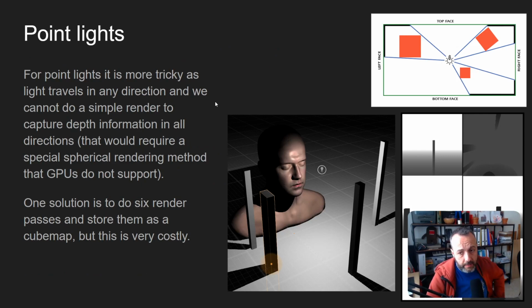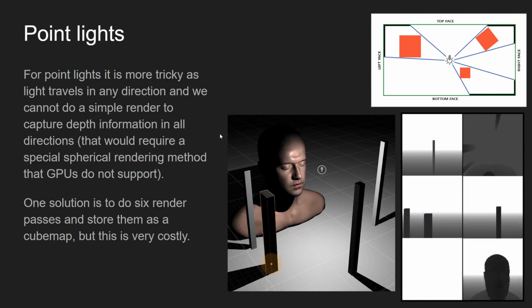About point lights, as I said before, the problem with a point light is that you cannot put a camera in the position of the light, because point lights see all directions, and GPUs don't support rendering spherically. We have cube maps that are these 6 faces, but you cannot render instantly to the 6 faces of the cube map, although there are some hacks to do that, which I would not recommend you explore.